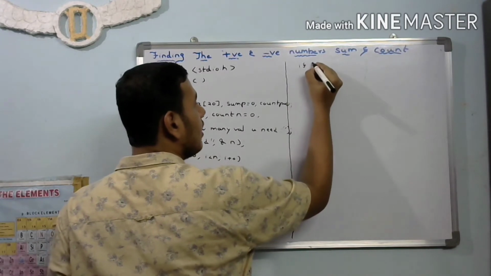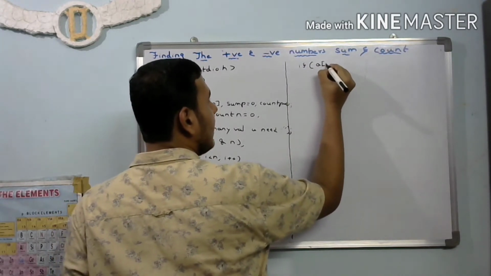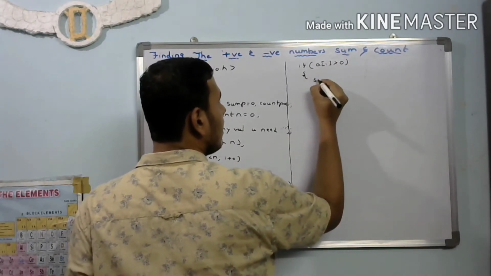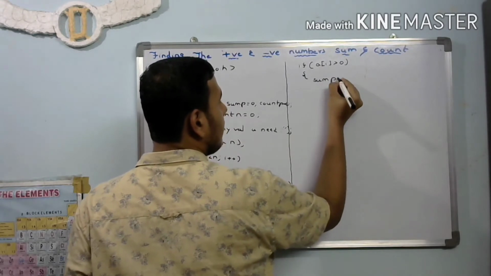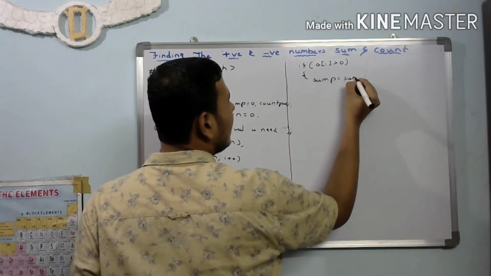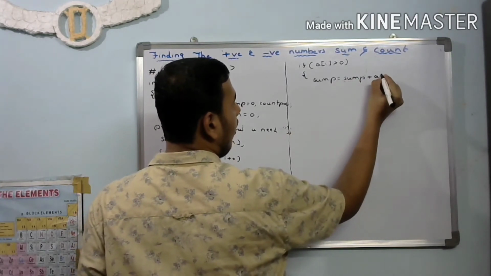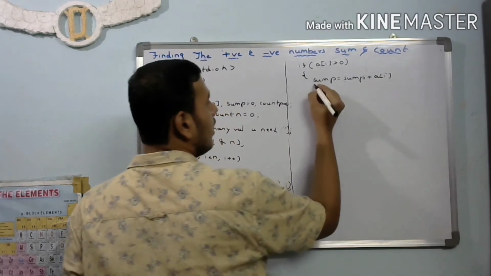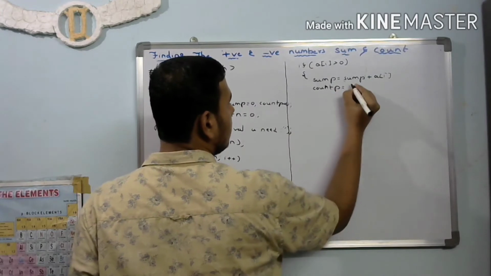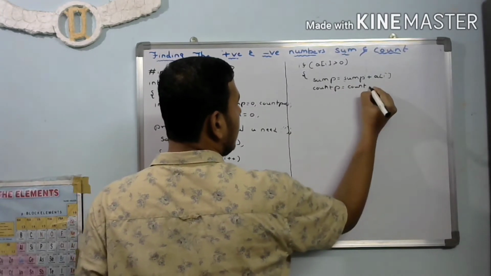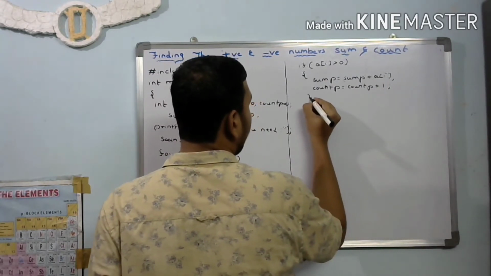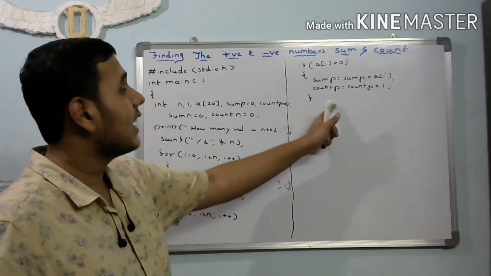In that for loop, if a of i is greater than 0, in that if condition, sum p is equal to sum p plus a of i, and count p is equal to count p plus 1. So this is the condition.